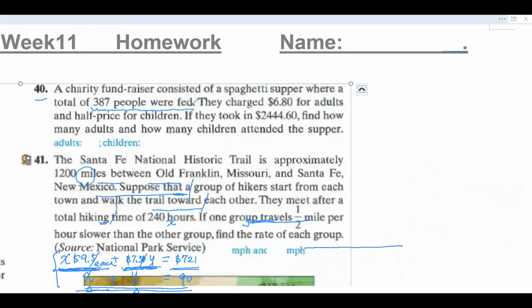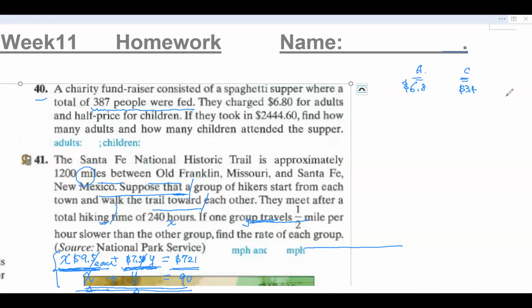So that's a lot of people coming, right? They charge $6.8 for adults, and for the child they charge half the price, so $3.4 for the child. Adult is here, child is here.